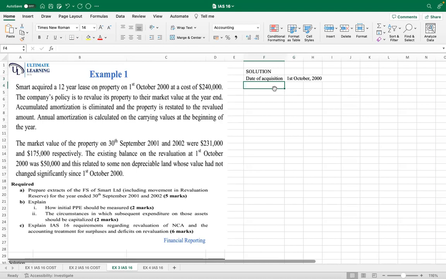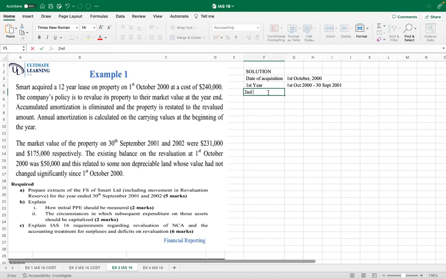Now, what is the first year? First year, remember, is from 1st October 2000 to 30th September 2001. It is important to note these things. That is the first year.